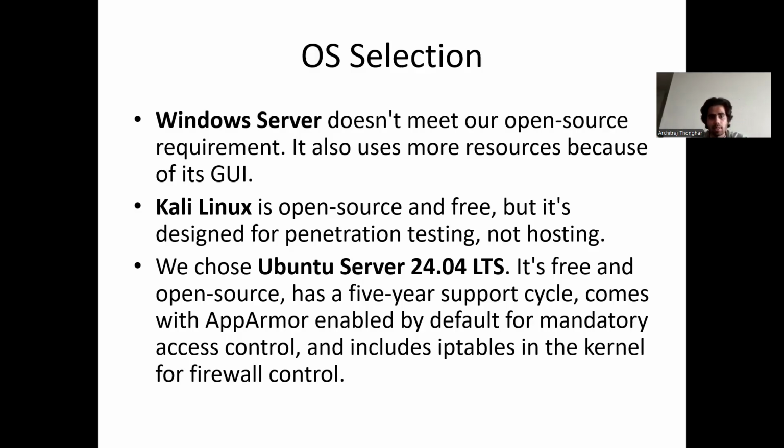So at last we chose the Ubuntu server because it fits our requirements and needs, as it is free and open source, lightweight and efficient. Also, it has a long-term support cycle. It also includes AppArmor, which will strengthen the security policy, and it is compatible with our LAMP stack.